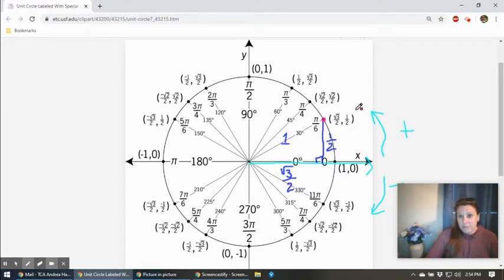Now you might be thinking, why do I care about that? Well, if you think back to SOHCAHTOA, the sine of this 30-degree angle is equivalent to the opposite side over the hypotenuse.